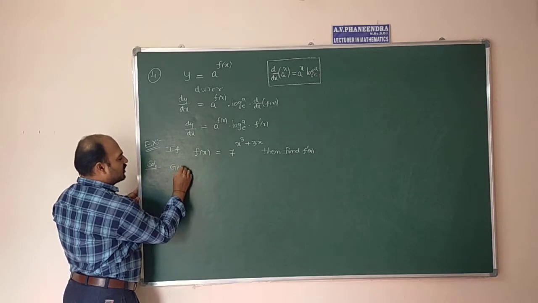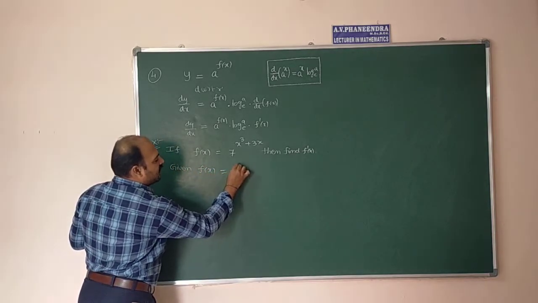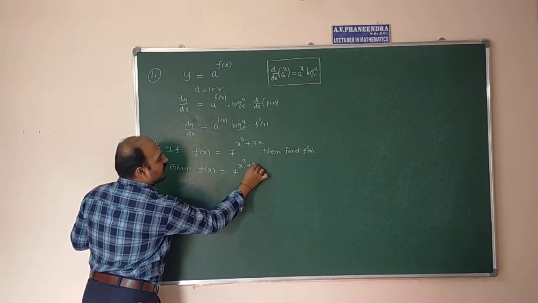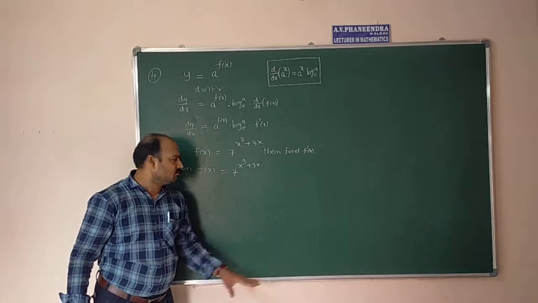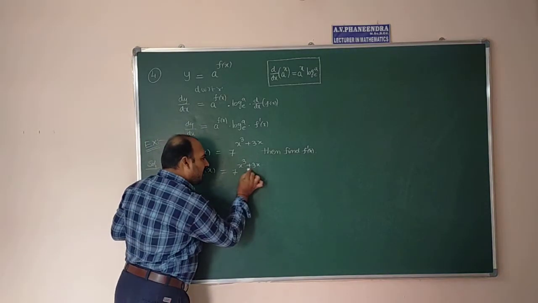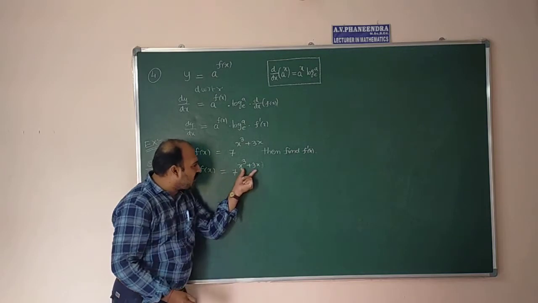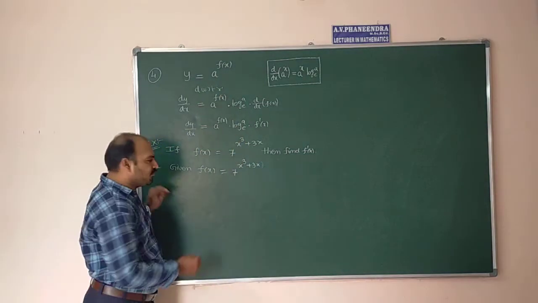Given f of x equal to 7 power x cube plus 3x. In place of y, f of x is there, that's the difference. It is in the form of a power f of x. This procedure you have to follow.